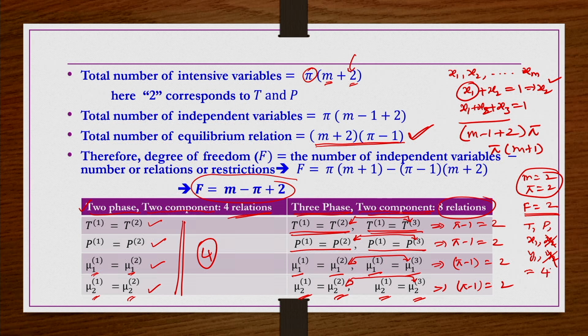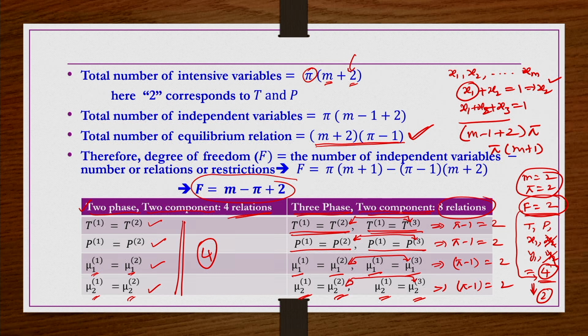So, how many independent variables are there? 4 independent intensive variables are there. That means, out of these 4 variables, if you fix 2, that is degrees of freedom is 2. Out of these 4 variables, if you fix 2, the remaining 2 you can find out using the principles of phase equilibrium without any difficulty.